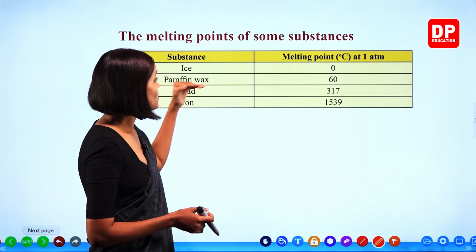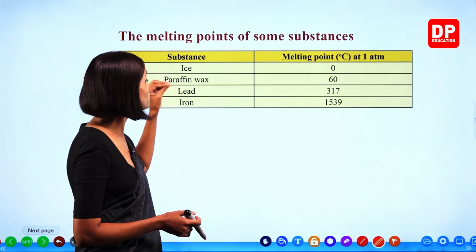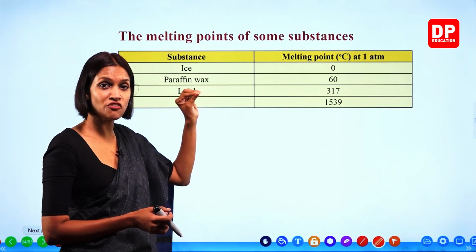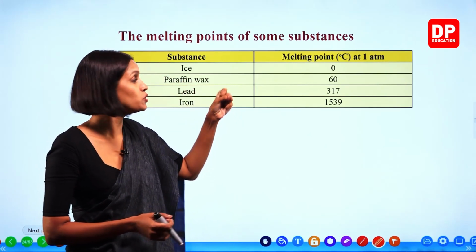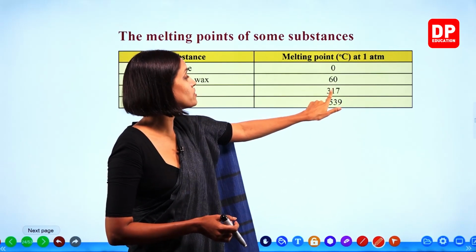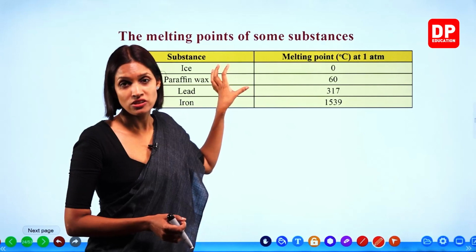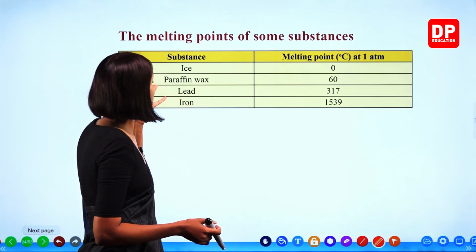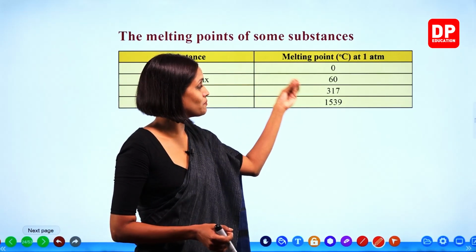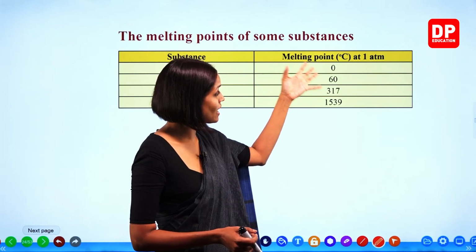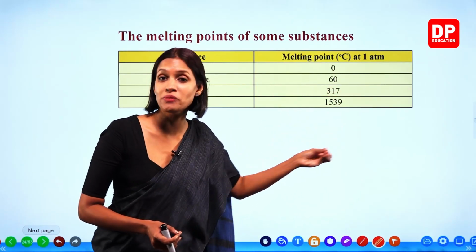Iron's melting point. Which means in order to start melting a piece of lead, you have to provide this much temperature to the piece of lead. When you consider iron, you have to provide the temperature of 1539 degrees Celsius in order to melt it.